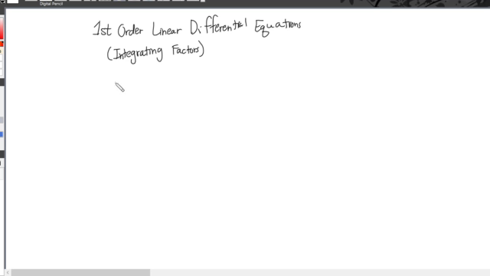So the form of first order linear differential equations is, well, there's actually two forms, but the first one is P of t times y prime plus Q of t times y is equal to G of t.